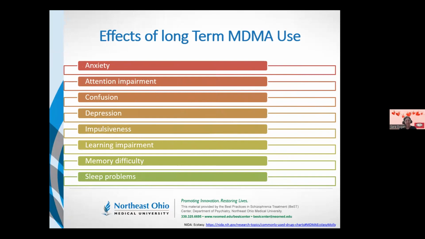Some of the effects that they've seen with more chronic use are an increased risk of anxiety, increased prevalence of anxiety symptoms, impairment in attention and learning, confusion, memory difficulty, oftentimes short-term memory difficulty, increase in depressive symptoms, impulsiveness, as well as sleep difficulty. And that was reported going in both directions. More commonly, insomnia, but there were some issues with individuals being overly fatigued.